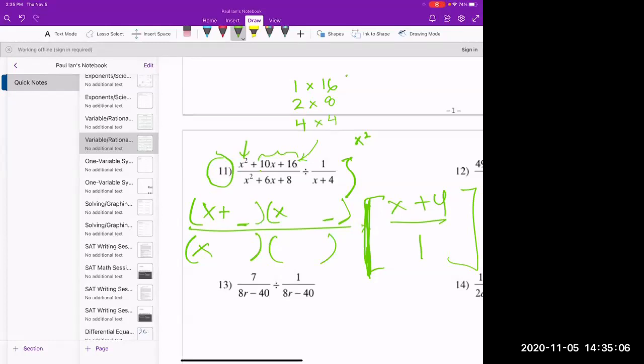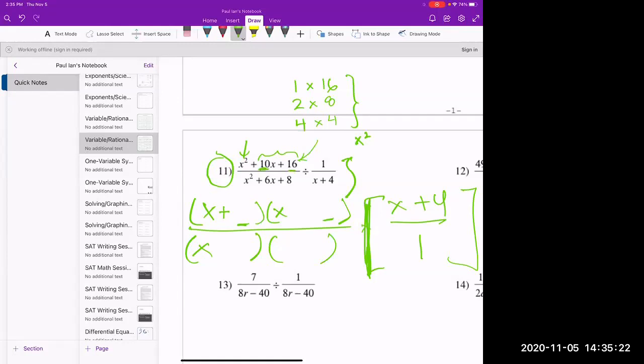But then the question is, what are the two things that you multiply that when you add them gives you 10? I know it's a little confusing right now, but this is usually the question you have to ask.